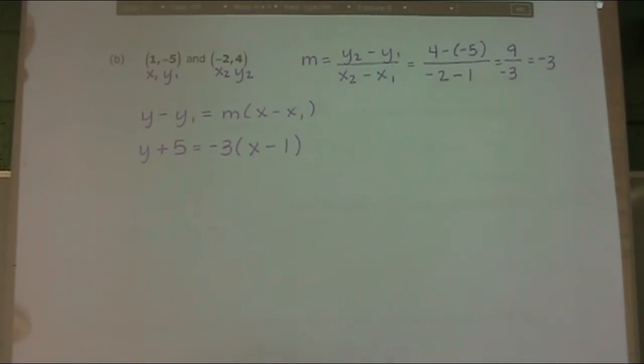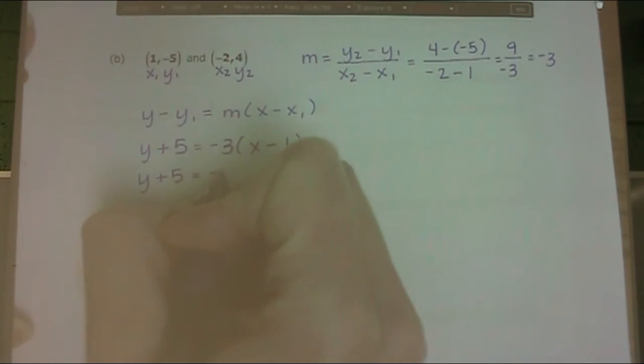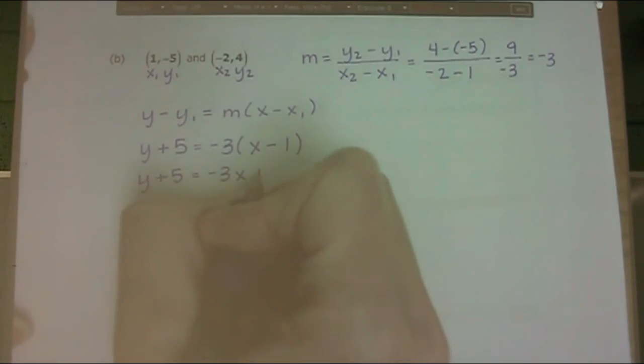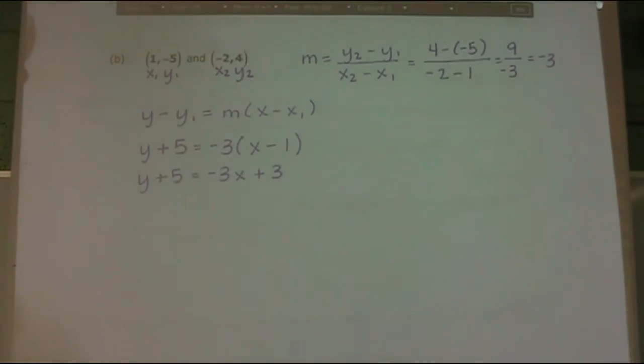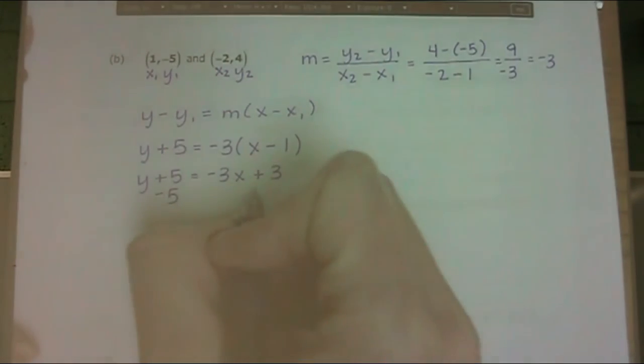This time I don't have a fraction, so I can go ahead and distribute my negative 3, which gives me y plus 5 equals negative 3x plus 3. Next, get all my constants together by subtracting 5 on both sides.